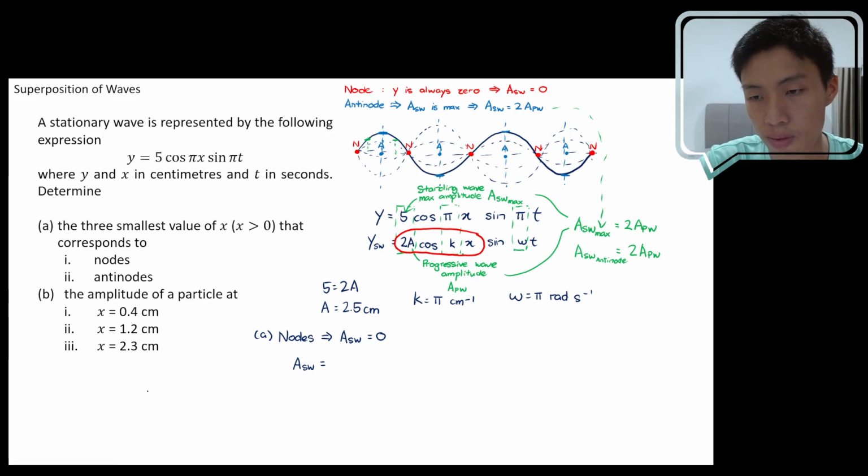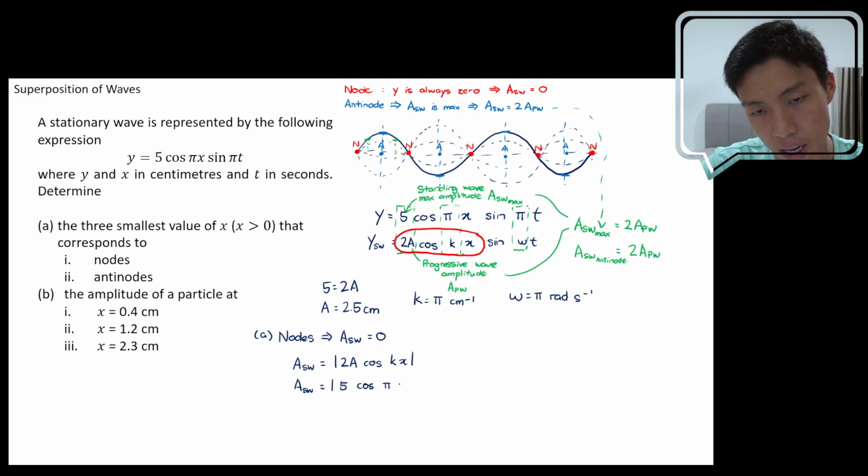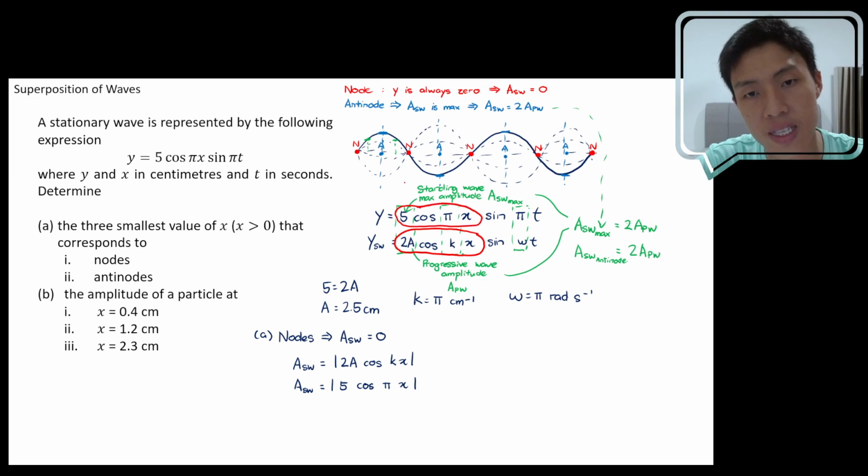Okay, so the amplitude is equal to 2a cos kx. Make it more specific for this situation: the standing wave amplitude is equal to 5 cos pi x, which is what we are able to see here. This is the amplitude of the standing wave.